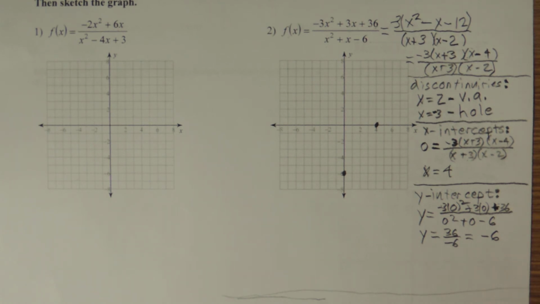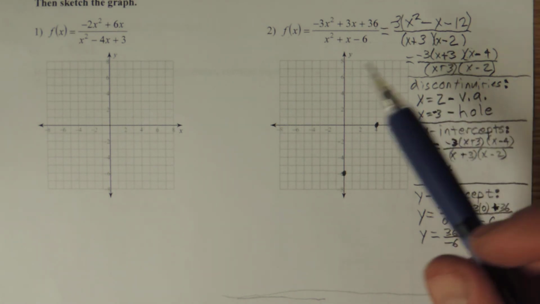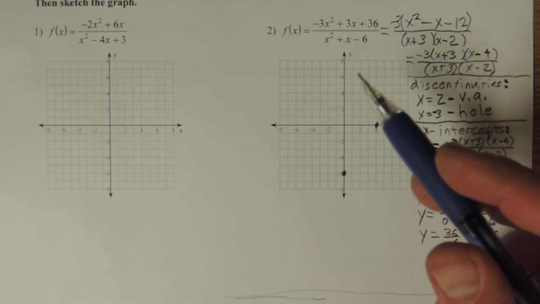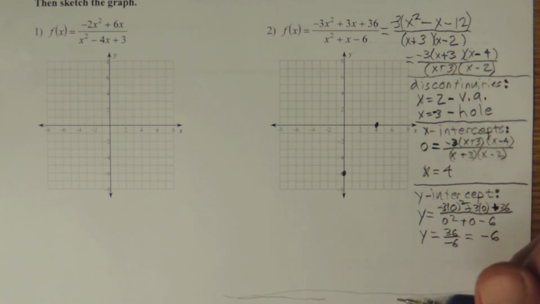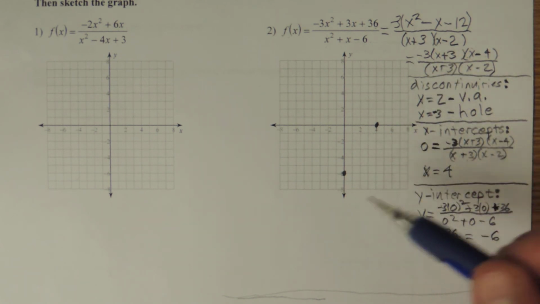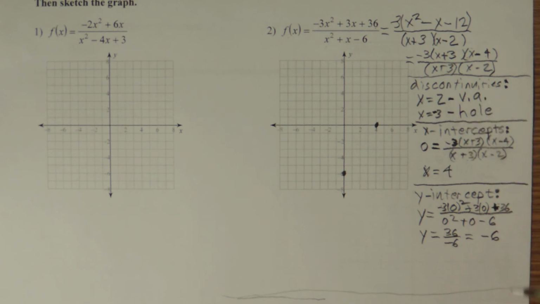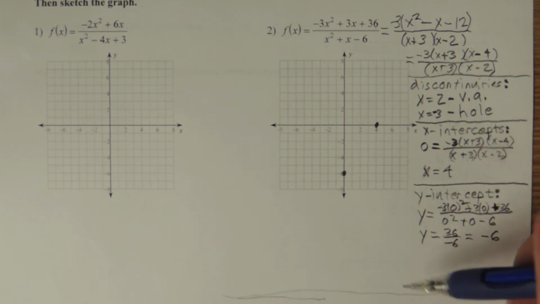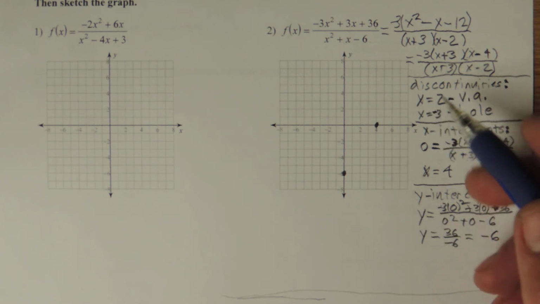Horizontal asymptotes are not really asked for in the instructions, but they really help us in graphing the function. So first of all, I think about what happens when x gets very large.